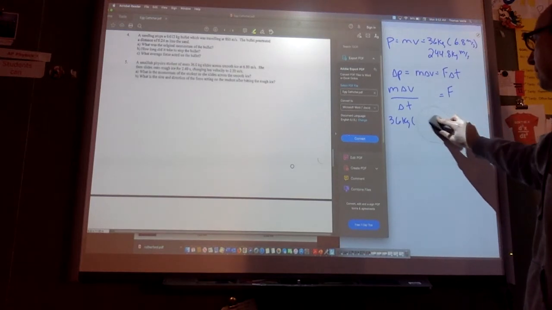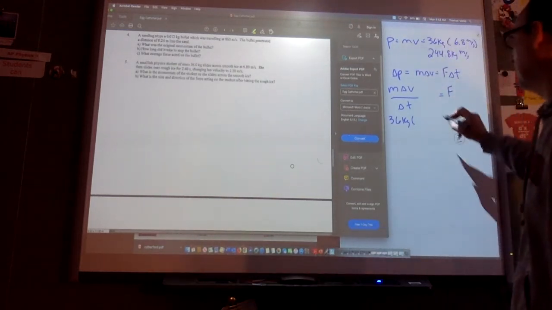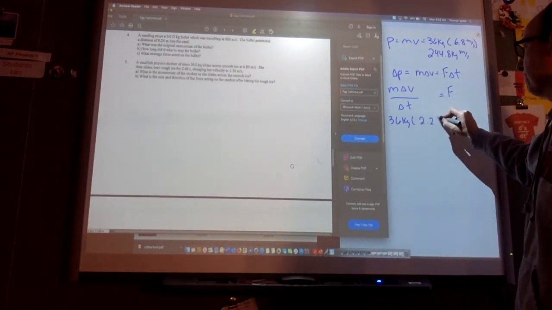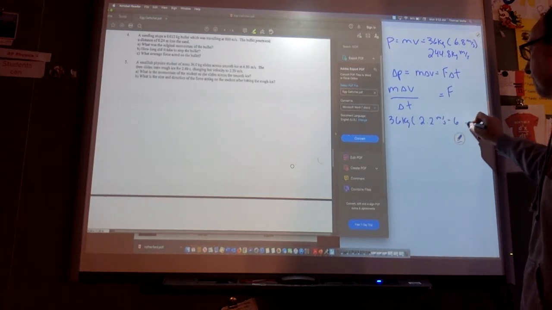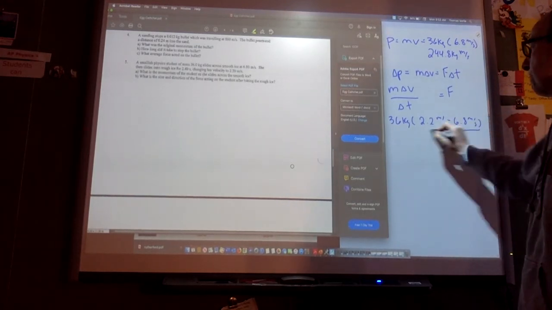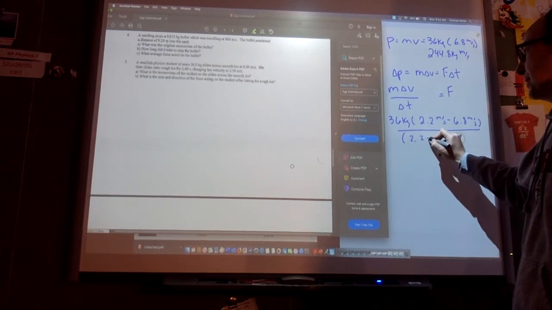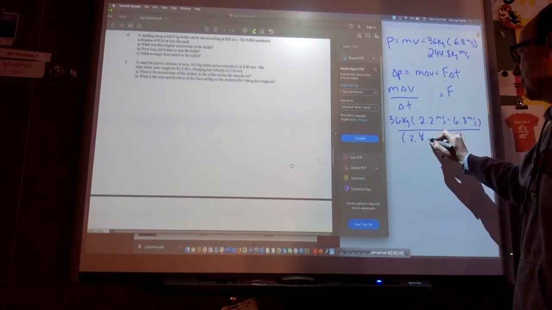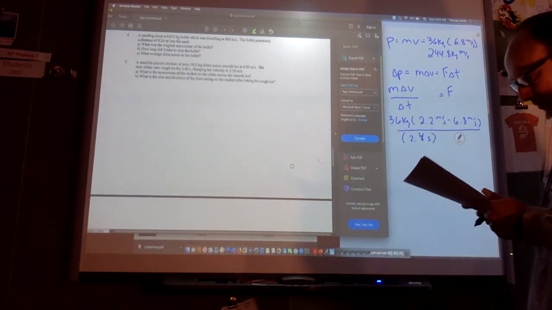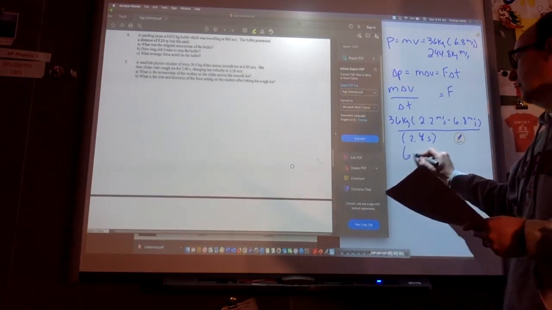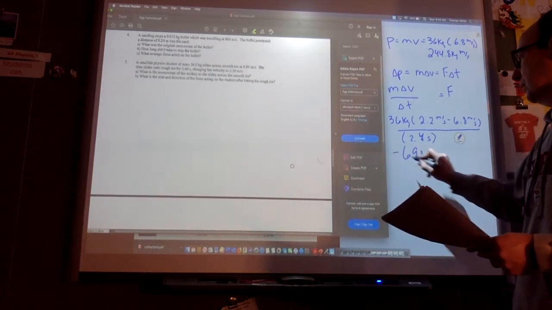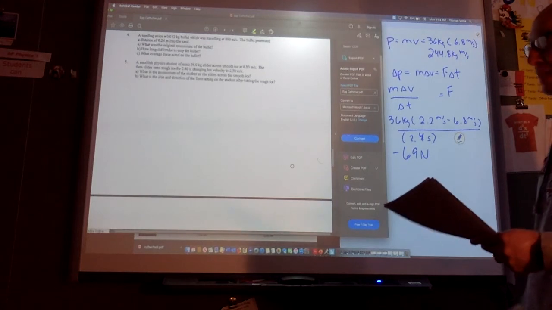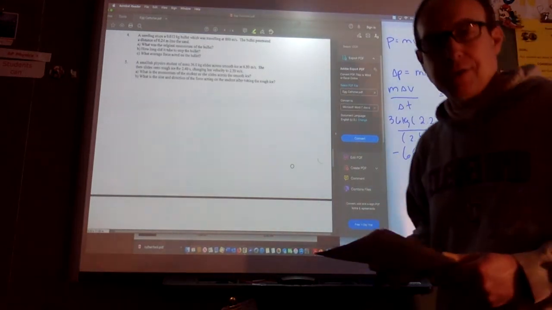So I should have final minus initial, right? So I should have 2.2 minus 6.8. And we're saying this happens in 2.4 seconds. So it's negative 69. It's going to be in the opposite direction.